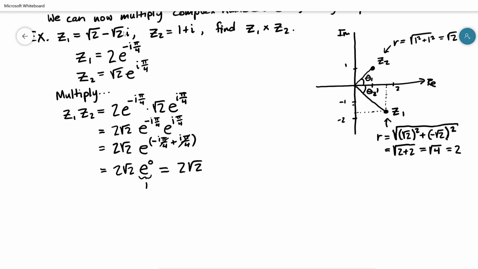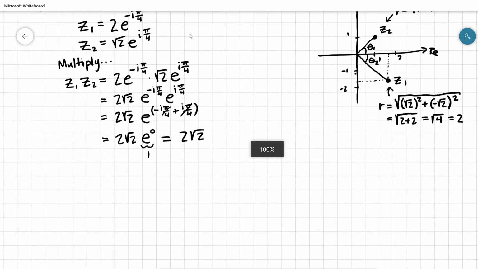And it turns out we would get that same value if we just FOILed these out. I guess I can do that really quickly as well.